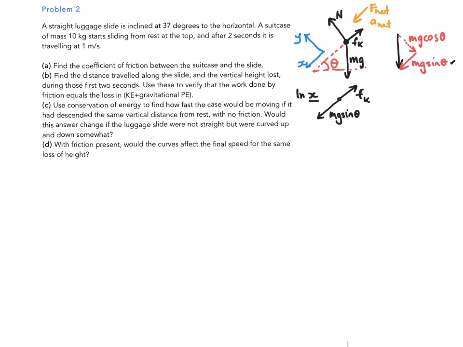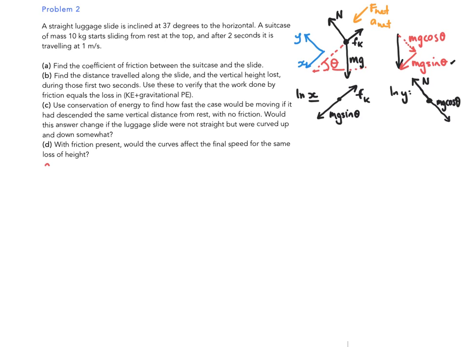Okay. So in the y direction, you're going to have this force diagram. So we look at them separately. You're going to have N, and then in this direction, you're going to have mg cos theta. Okay, so we need to look at those separately to solve this problem.